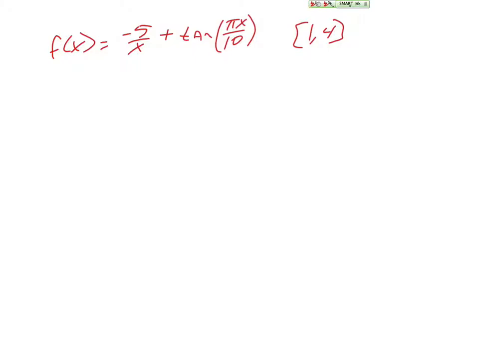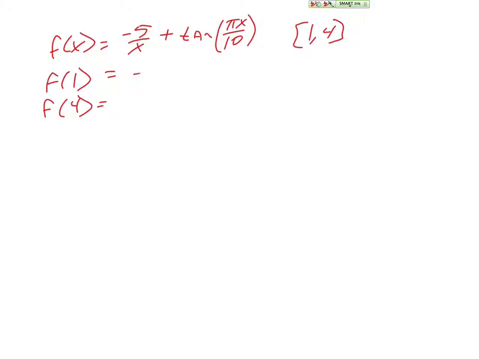So what is our first step when we're trying to prove there's a 0 or a certain type of number on an interval? Find f of 1 and f of 4. We need to find our function values. So the very first thing you do is plug in your function values. If I'm grading this on the test and you find the function values, you're going to get the first point.